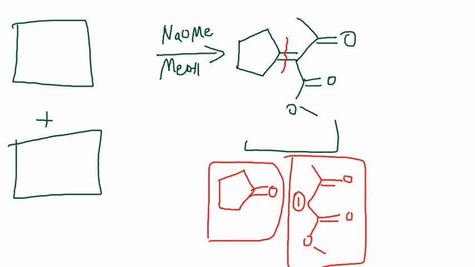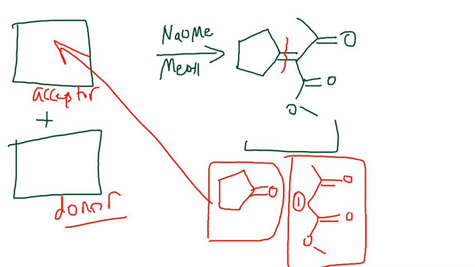So these boxes might just say something like, what is the acceptor and what is the donor? So you put the respective structures in those boxes. So in my head, when I think about it, since the second step is, once the aldol product gets generated and then we treat it with acid and heat, basically a water molecule is given off. So in my head, I try to put the water molecule back into the system.